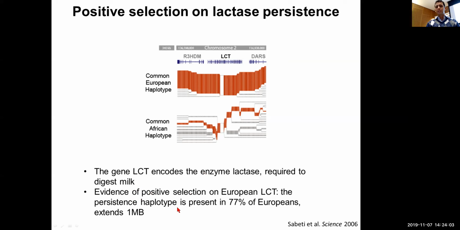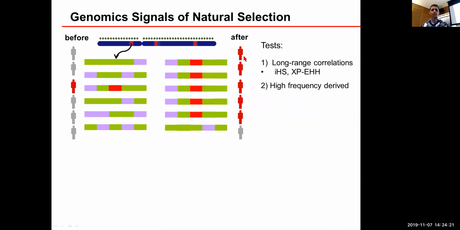The persistent haplotype is present in 77% of Europeans. So there must have been something good in that long haplotype that was very heavily selected for. Any haplotypes that don't have that particular mutation are sort of weeded out from the population. Is everybody with me? Awesome.